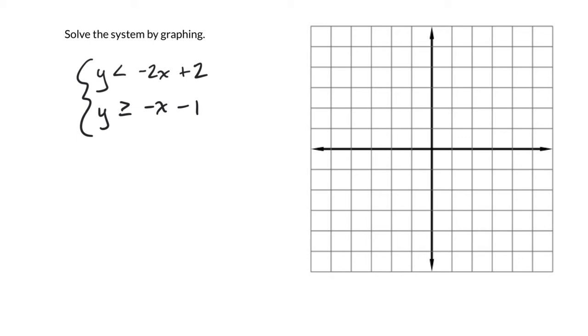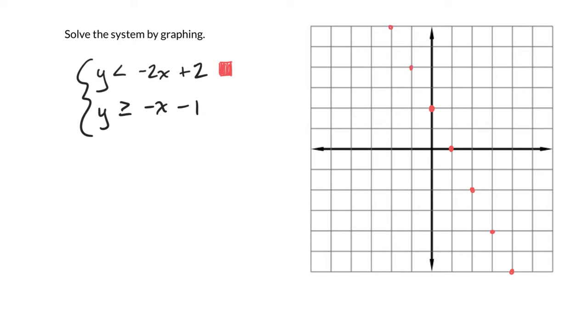Let's do this one in red. All right, so we're going to have a y-intercept of 2, and we have a slope of negative 2. So this is down 2 over 1, down 2 over 1, down there, okay, up 2, backwards 1, up 2, backwards 1.